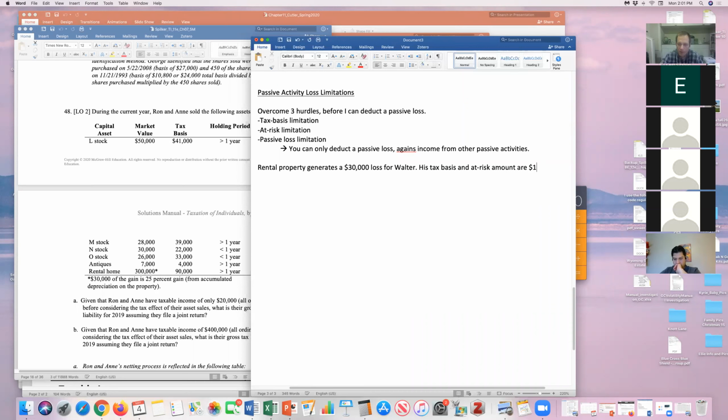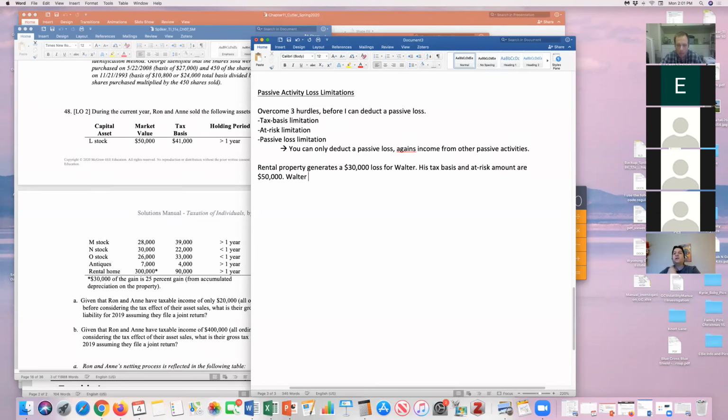Or let's just say they're higher, 50,000. I don't really want you to worry about those. So he's not going to be limited by the first two obstacles. He has enough actually invested in the property. But if Walter is an accountant and he has an $80,000 salary, he can't use this loss to reduce his salary, because this is a passive loss and his salary is ordinary, active income. So he would have to have some other passive activity in order to claim this loss.